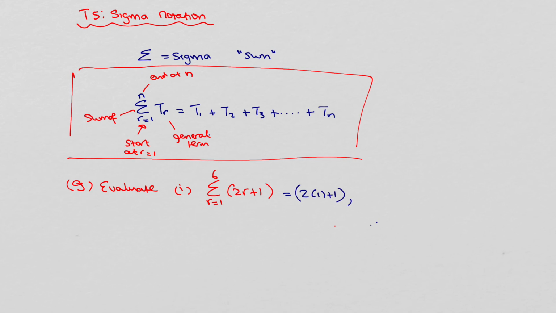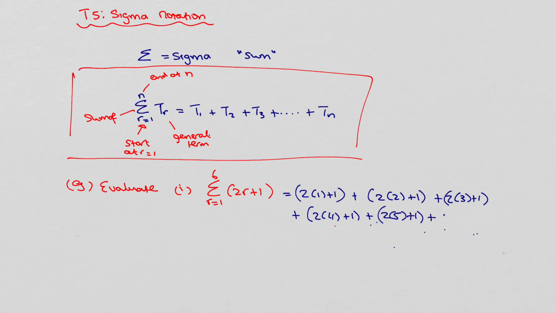So that would be my first term. Then my second term would be 2 times 2 plus 1. My third term would be 2 times 3 plus 1. My fourth term would be 2 times 4 plus 1. My fifth term, 2 times 5 plus 1.